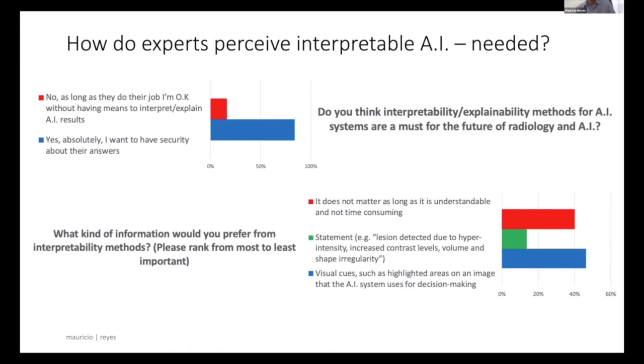Now, the kind of information, they said it doesn't matter how, as long as it's understandable and not time-consuming. And the most popular answer was visual cues, because then it's very fast, right? To look at the interpretability and see whether that makes sense for a doctor.